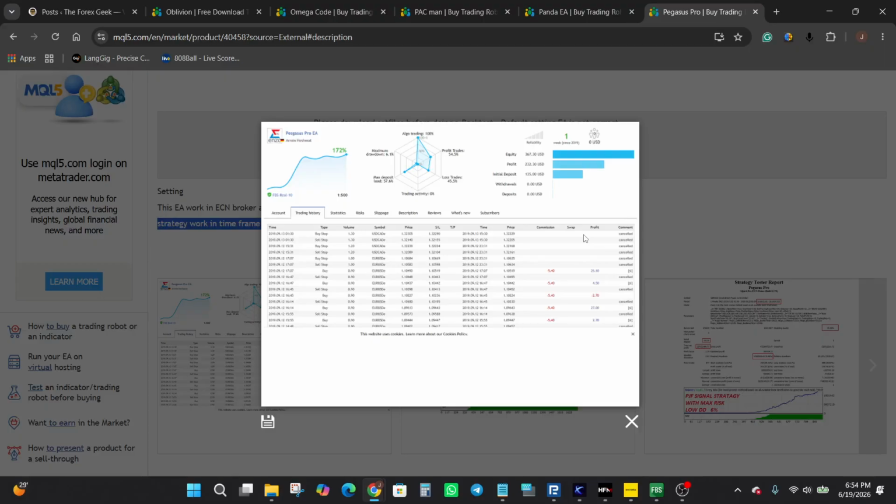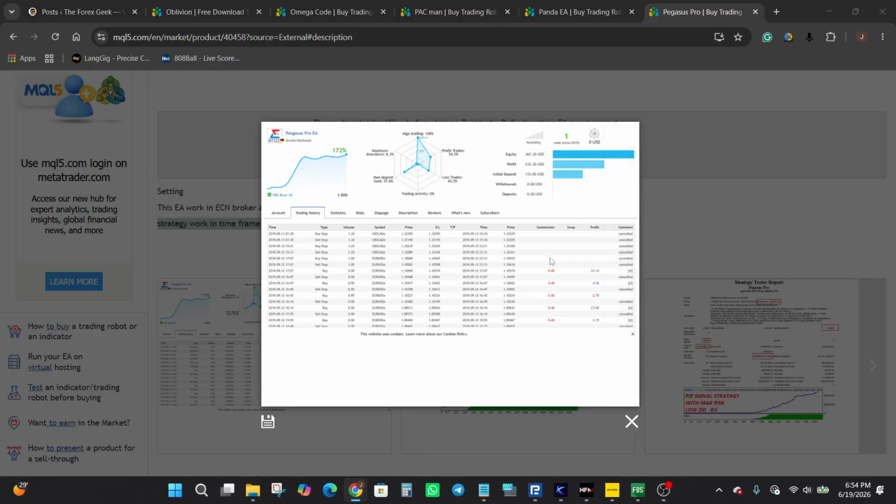I'll still recommend running longer term testing yourself as well, so that you can get a more comprehensive understanding of how the EA behaves across different market environments. Okay, but before we head over to our strategy tester, let us see how this EA performed based on the provided info here.